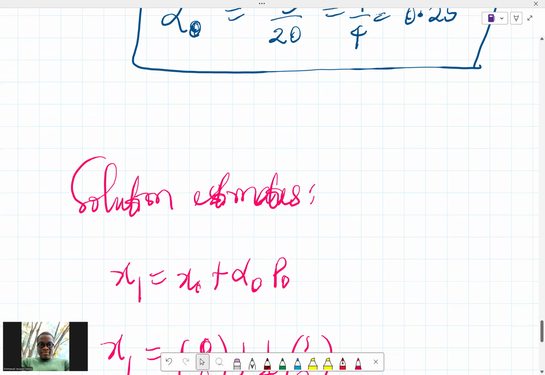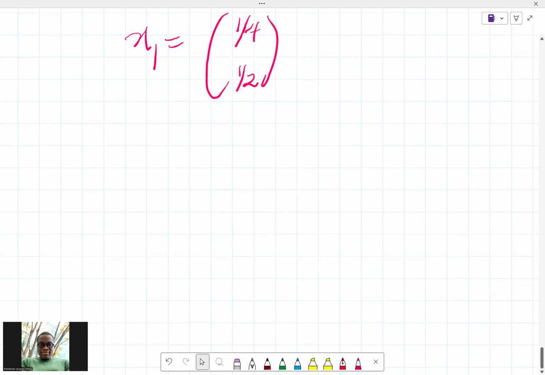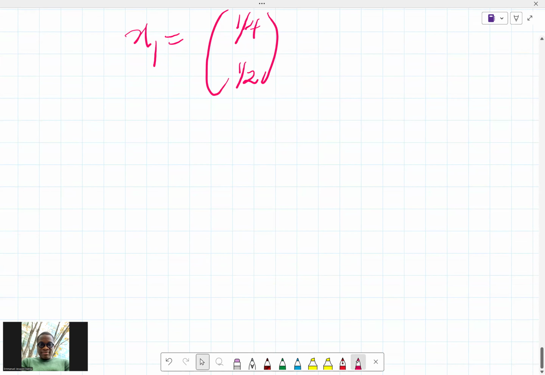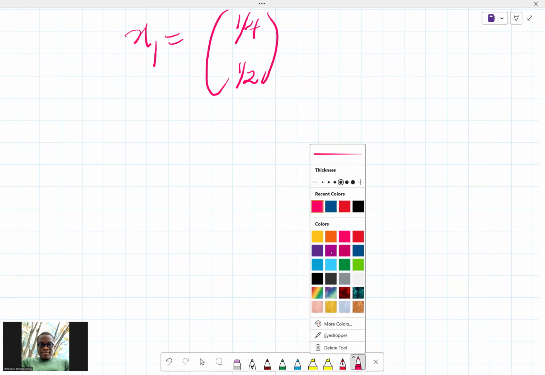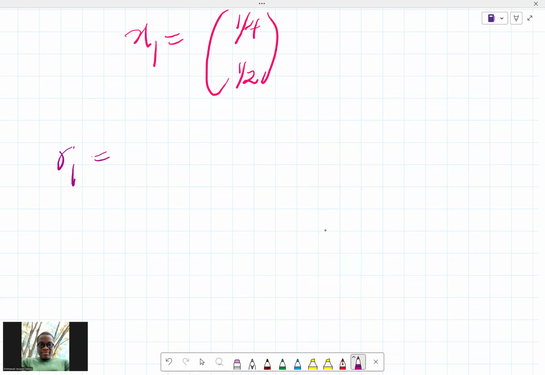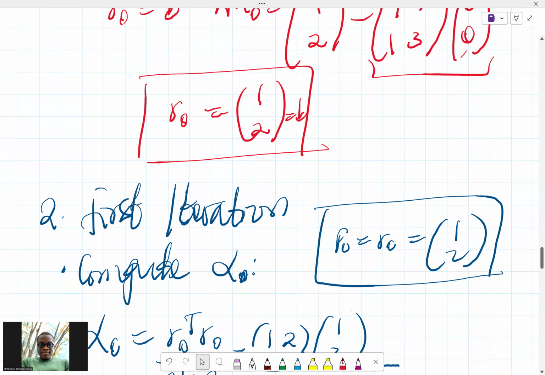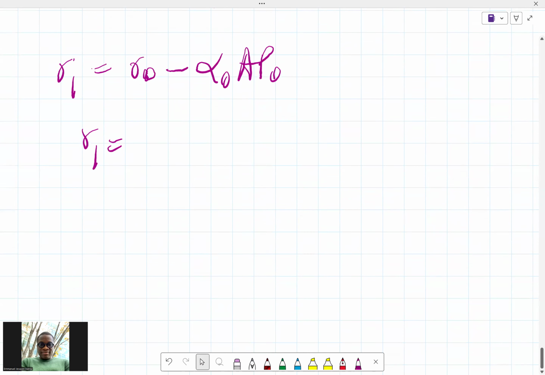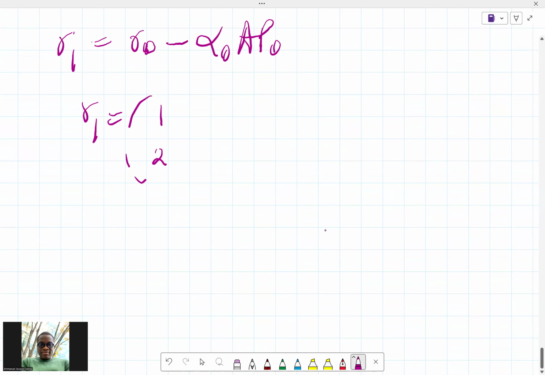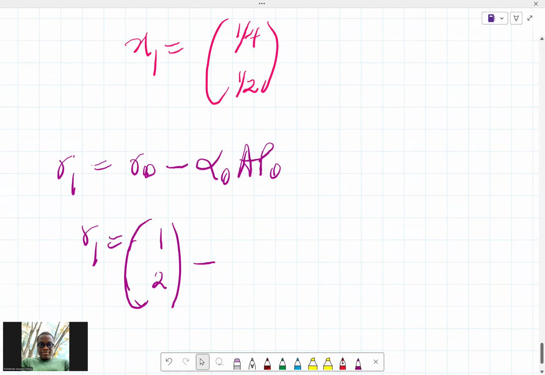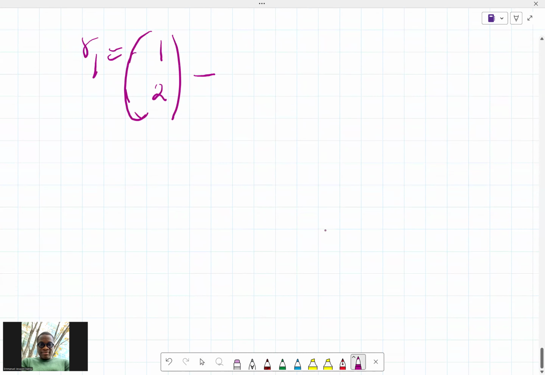Then the other thing is the r1. Let's say r1 is r naught minus alpha naught A p naught. So r1 is equal to r naught, which is the same thing as p naught, which is still 1, 2. Alpha naught is what we just got, which is 1 over 4.